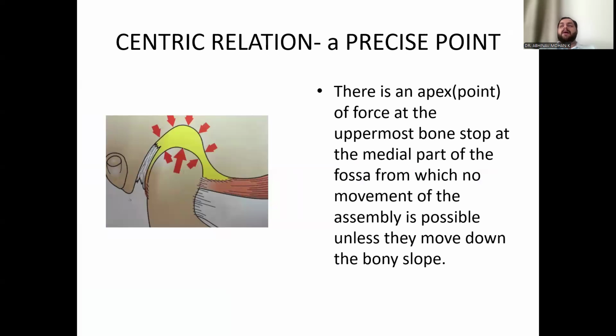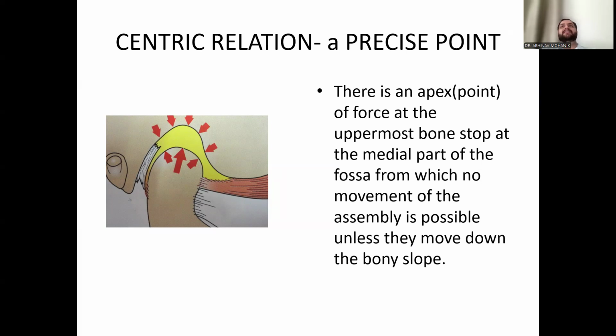Now there are authors, articles, researchers and publications commenting that centric relation is a precise point. There is an apex, a point of force at the uppermost bony slope, at the medial part. You can see in this picture. You have a point where no movement is possible unless that joint assembly moves down that bony slope.